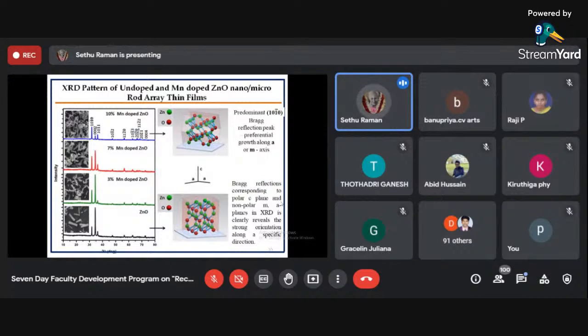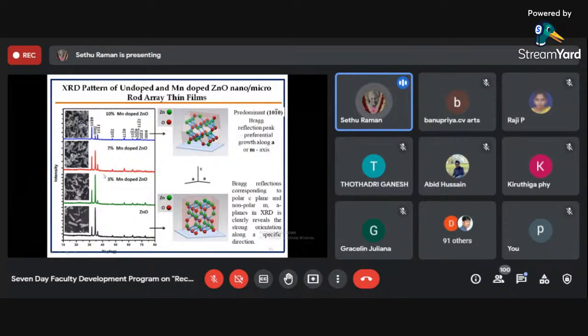So this is the XRD pattern of undoped and Mn doped ZnO nano-microrod arrays. You see this is the pure XRD, and the pure XRD orientation is 0002. When we increase the doping percentage to 3, 7, and 10, you see the orientational changes. Beautifully, we observe the orientational change from 0002 to 101̄0 at a high degree of supersaturation.